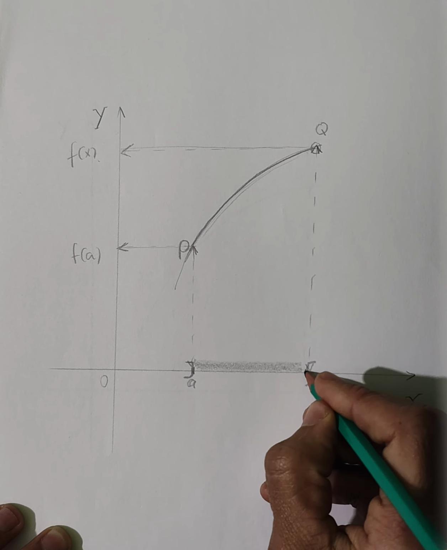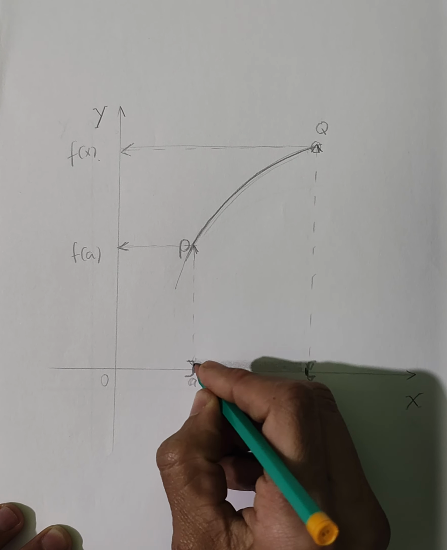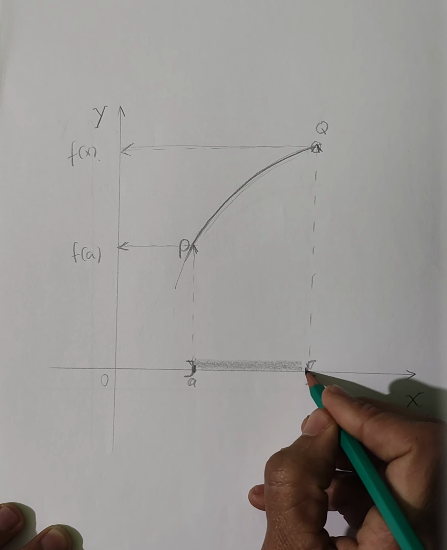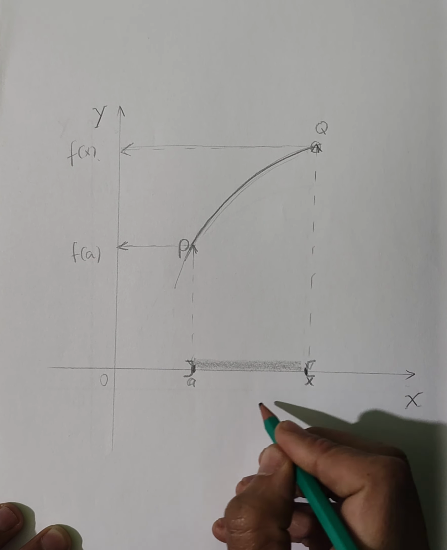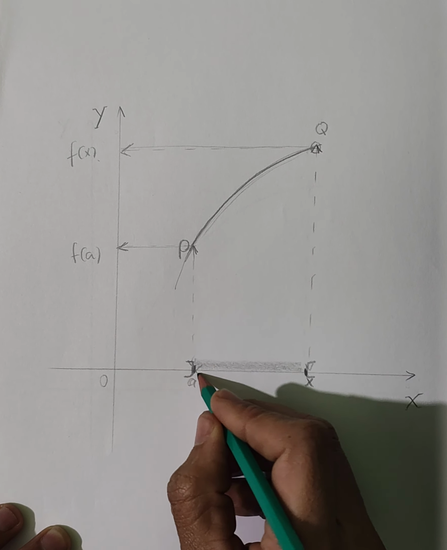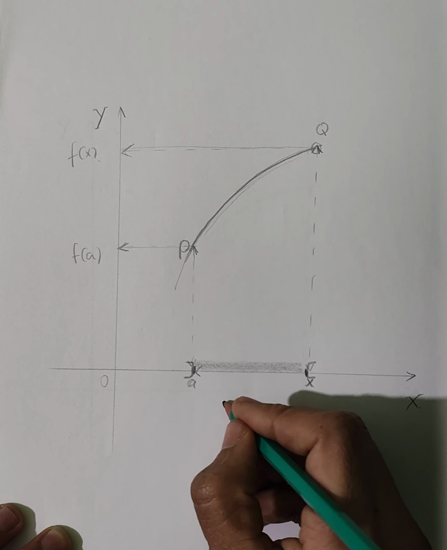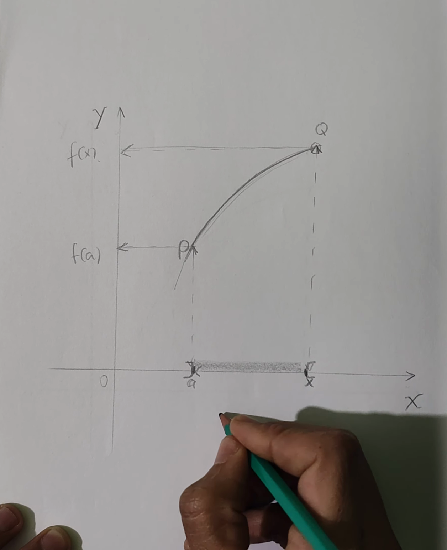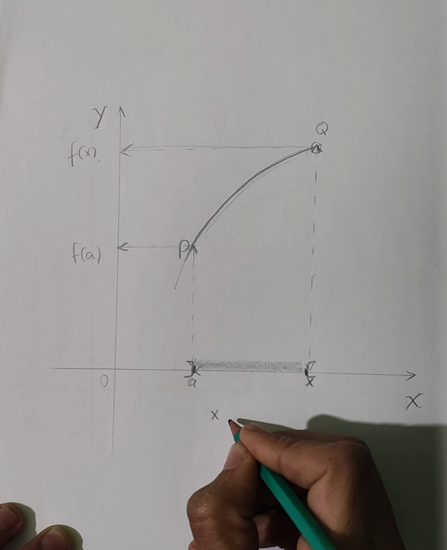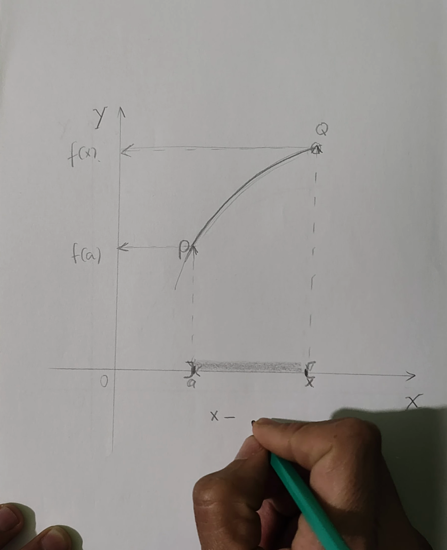We know this distance, in this sense, negative of x-axis, is x minus a.